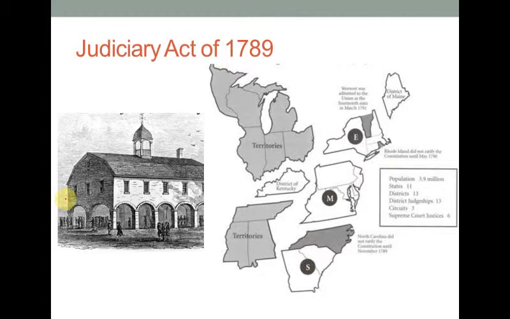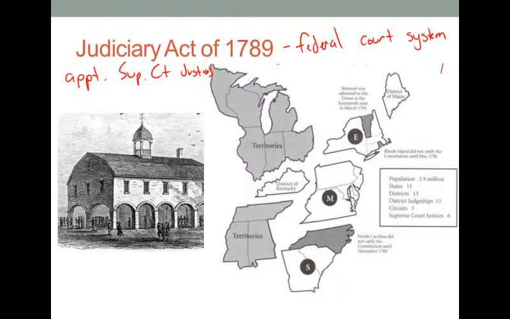And what the Judiciary Act of 1789 did was that it established a federal court system, and it appointed the Supreme Court justices. So it established the federal court system and it appointed the Supreme Court justices.